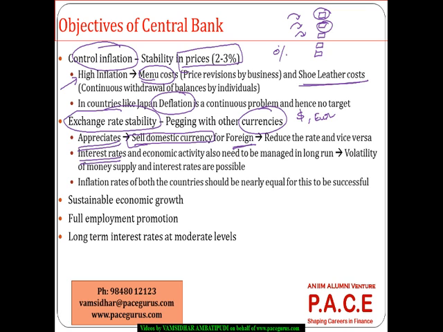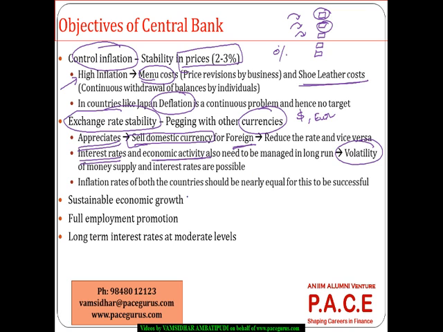Along with that, they also work on the interest rates and the economic activity. So, in the process of targeting the exchange rate, if they deviate heavily from the interest rates and economic activity, the volatility of the money supply is going to be a very dangerous problem.